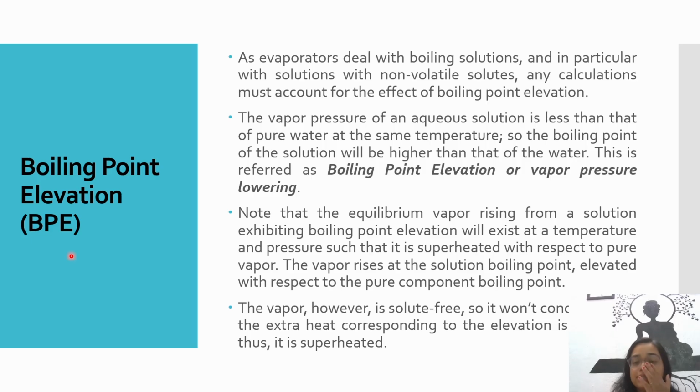If we consider a dilute solution, we can ignore the effect of boiling point elevation. But if we are considering a concentrated solution, we cannot ignore it. Then the boiling point elevation is significant, and we have to consider it in the calculations.